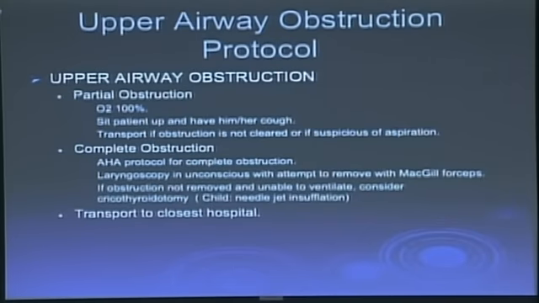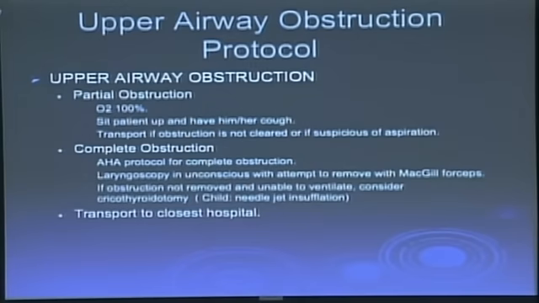If they have partial obstruction, oxygen. If they're dyspneic, sit the patient up, have him cough. Transport if the obstruction is not cleared, or if you're suspicious of aspiration, of course.